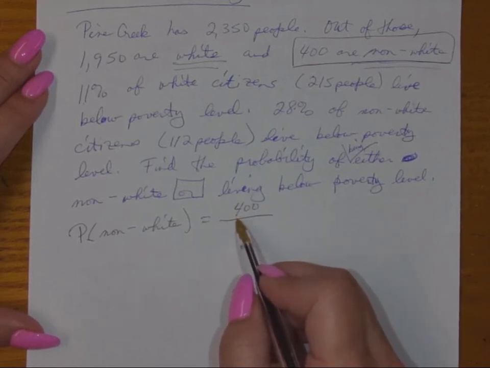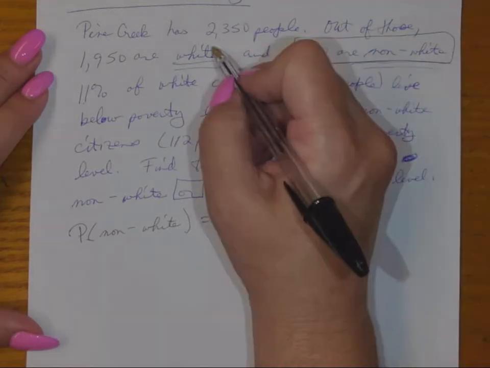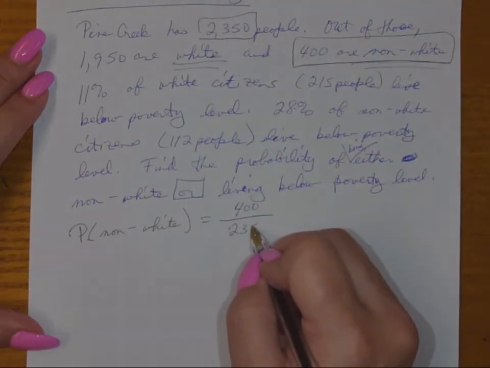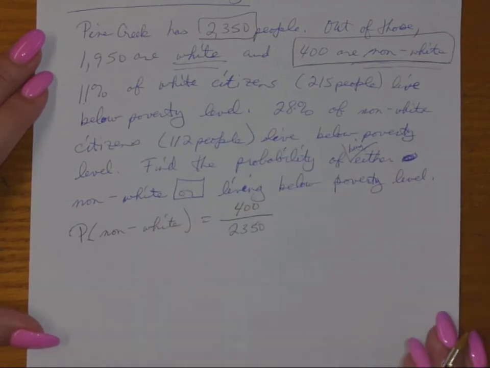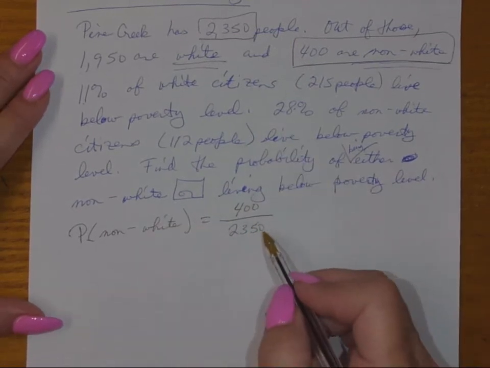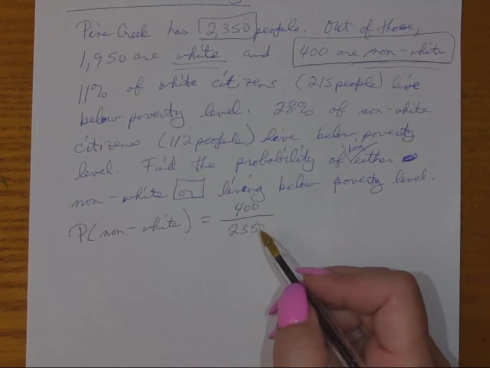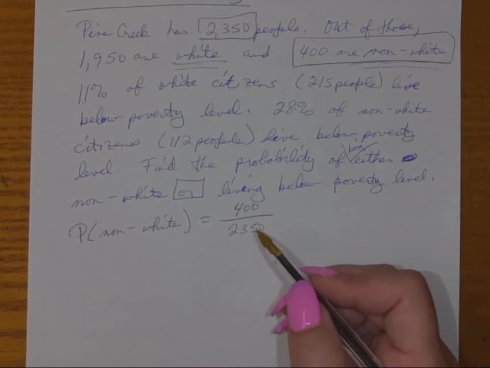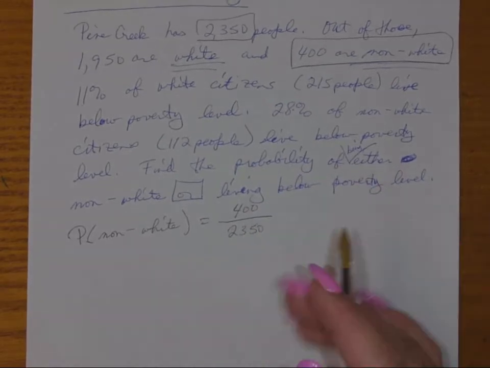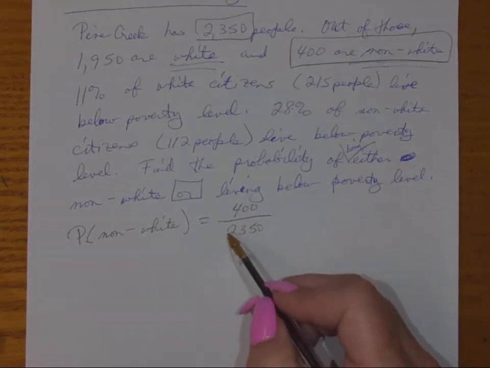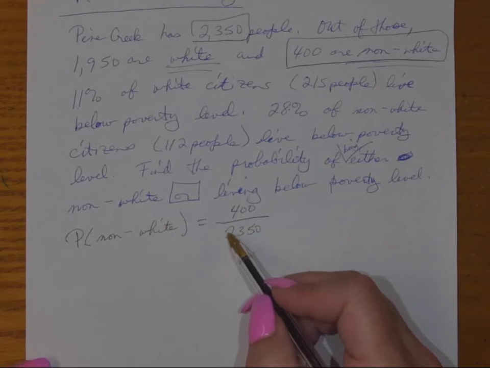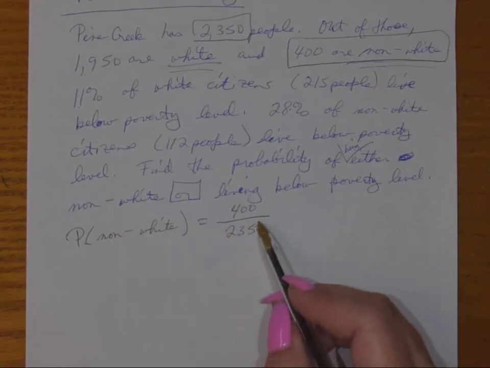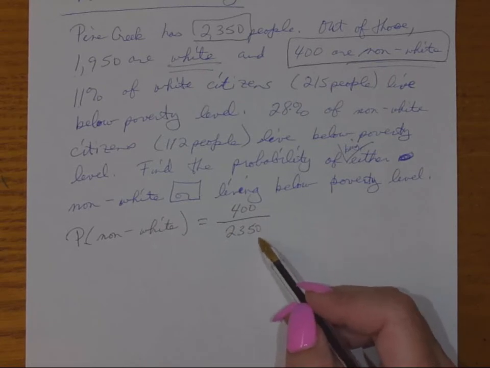Out of what's the total number of people in this town? 2,350, right? I could do some math, but I'd like to keep the 2,350 for now because I'm going to have to do some adding and subtracting in a little bit, so I'm going to keep the common denominator, because the total number of people in the town is going to be 2,350 no matter what. So the probability of being non-white is 400 out of 2,350.